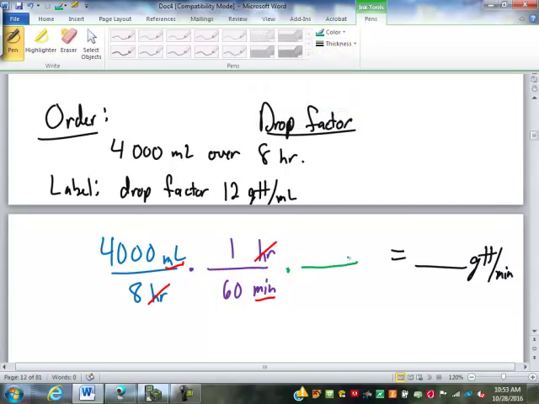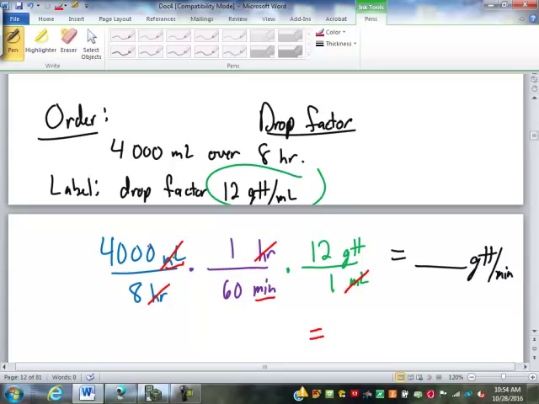So I'm going to do something over here. Milliliters are on top, so to get rid of them, I'm going to put milliliters on bottom. And the relationship I have for milliliters is right here. I have 12 drops per 1 milliliter. Per milliliter means per 1. So now my milliliters will cancel out.